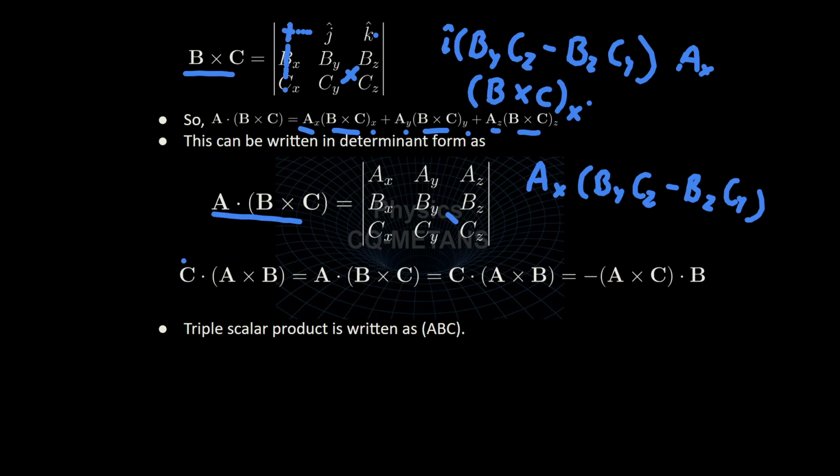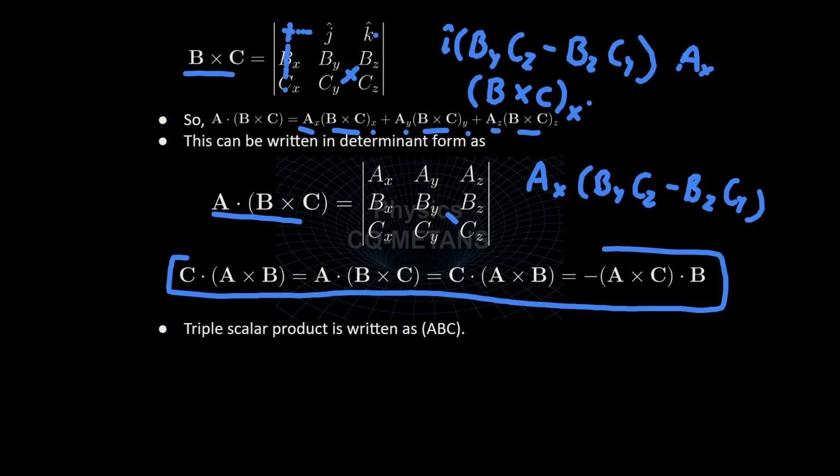So this is just algebra done over here. You can just go through this. So we have written C dot A cross B, which can also be written as A dot B cross C. So if we interchange, we can get those 13 expressions. That is what it means.